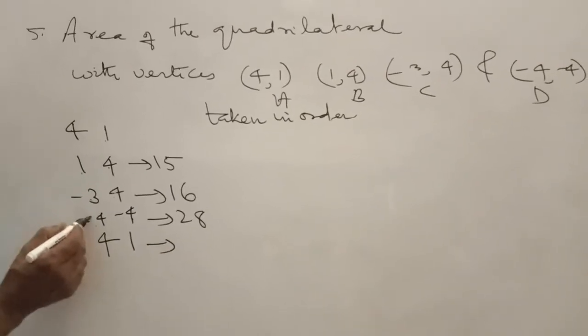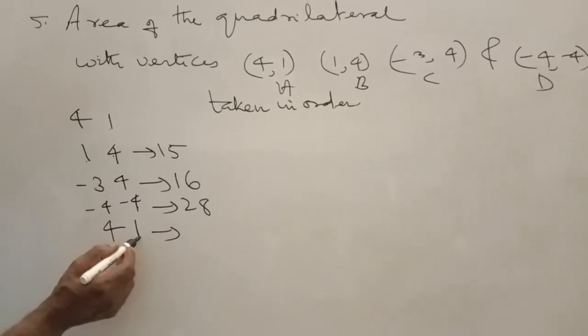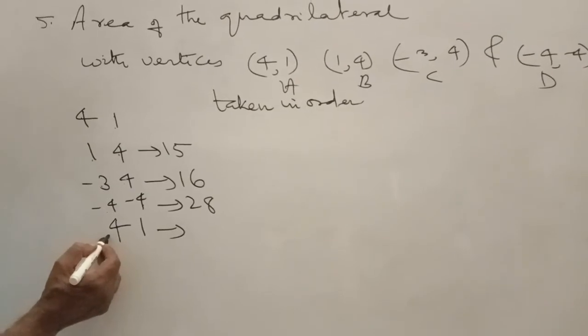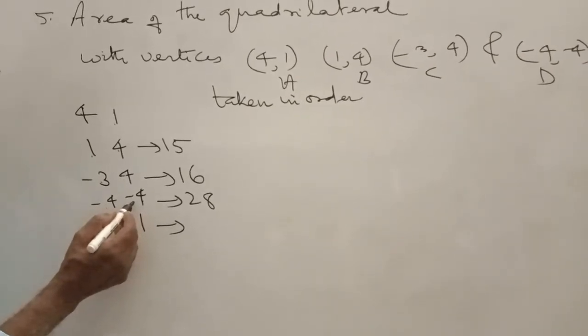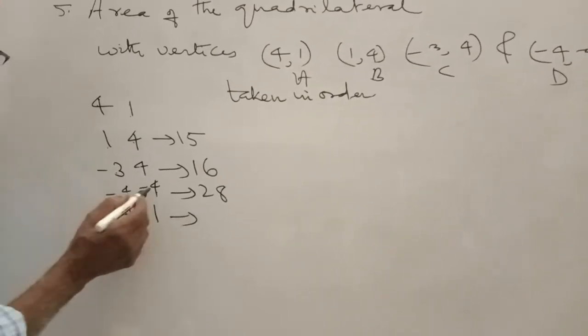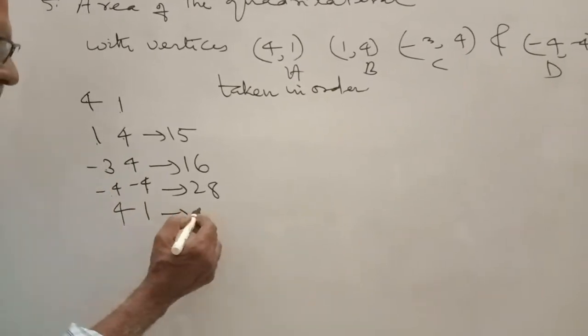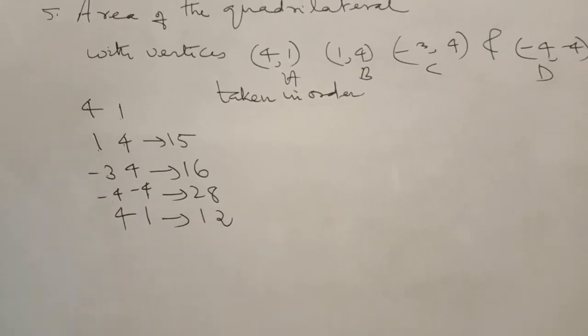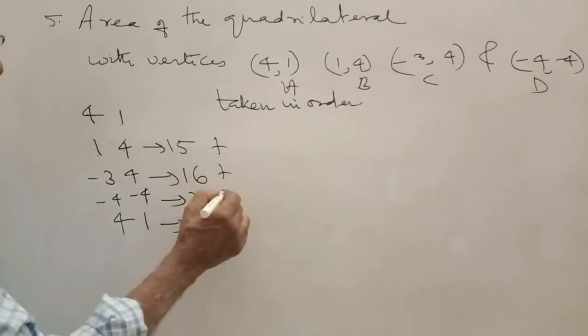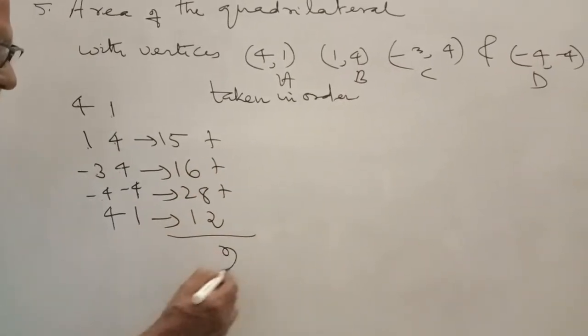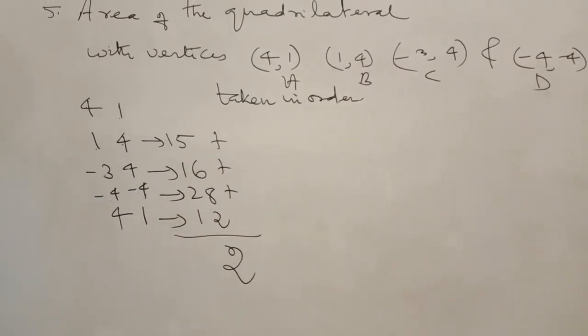And then finally, minus 4 into 1 is minus 4. Then minus 4 into minus 4 is 16. So it is plus 16 minus 4. It is 12. Now we add these and you divide by 2. The area comes.